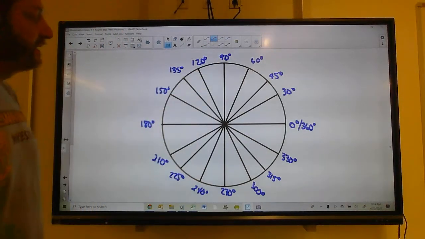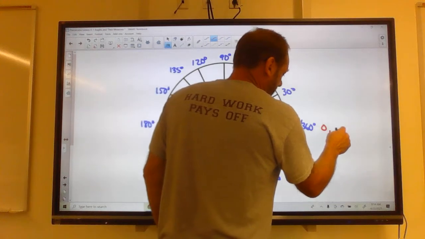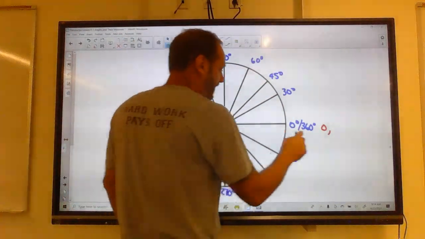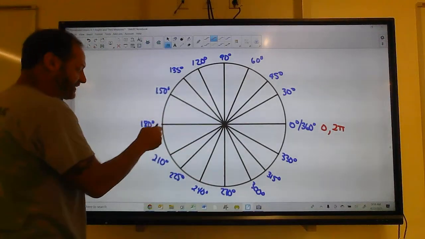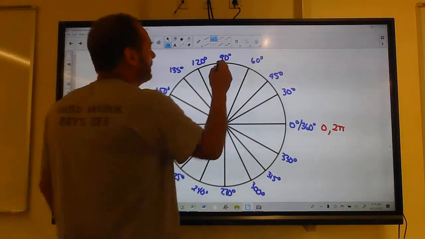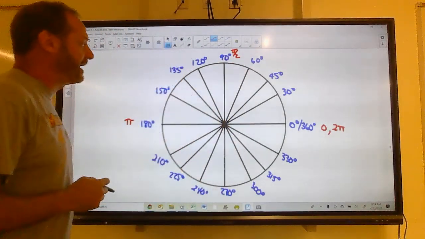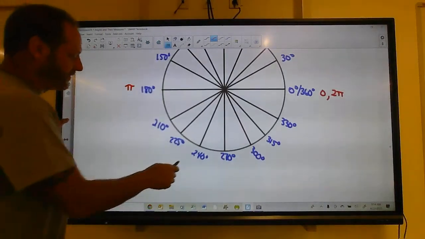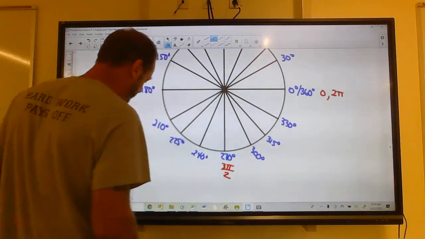Okay, if I do this in radians, we said this was 0 radians, and a complete turn, if I go all the way around, would be 2 pi radians. Which means since this is half of that, this would be pi radians. This right here would be pi over 2 radians, half a pi. This would be 1.5 pi's, or 3 pi over 2.